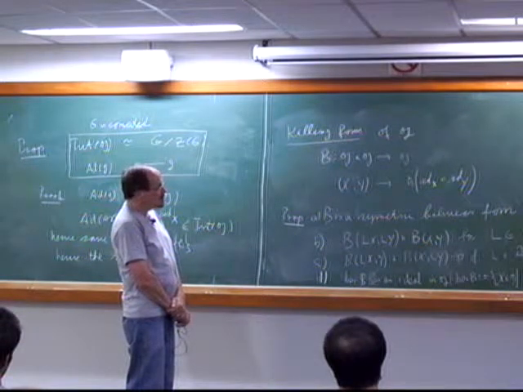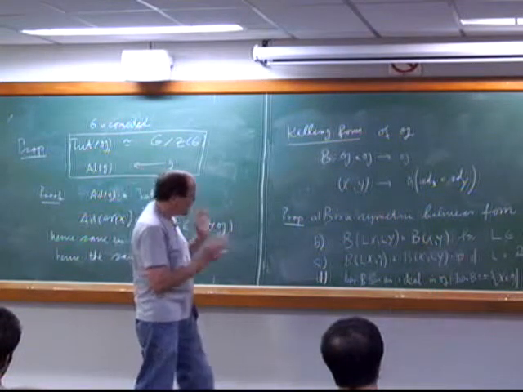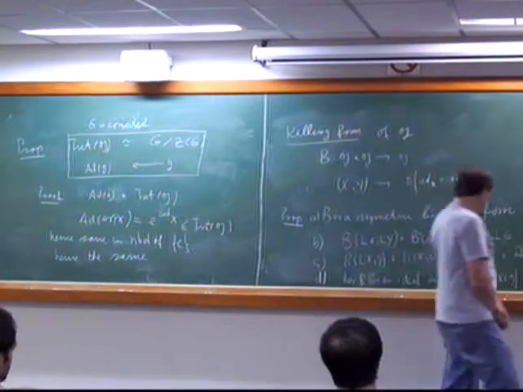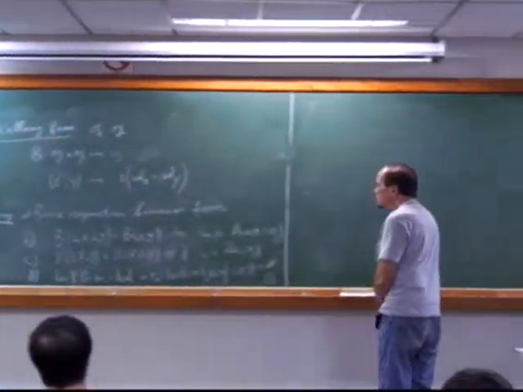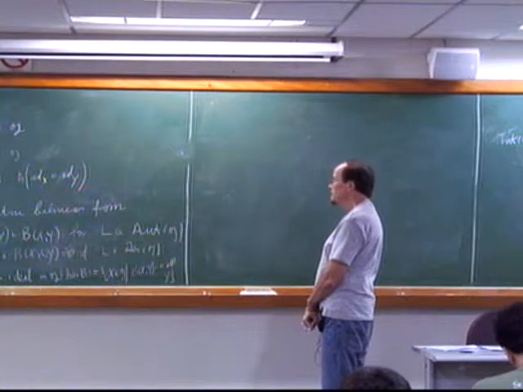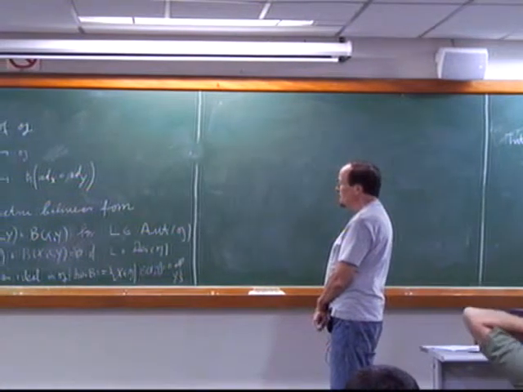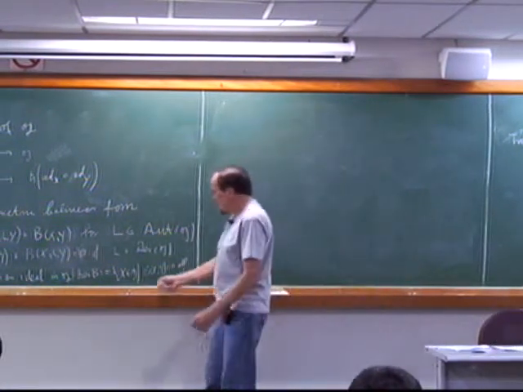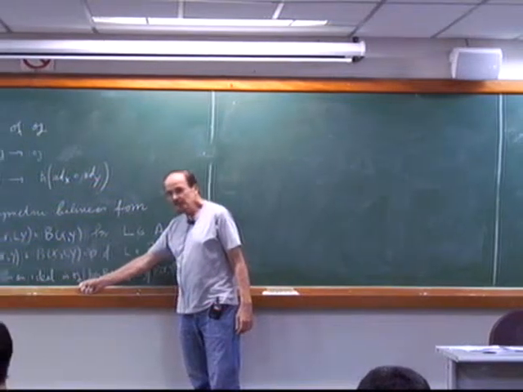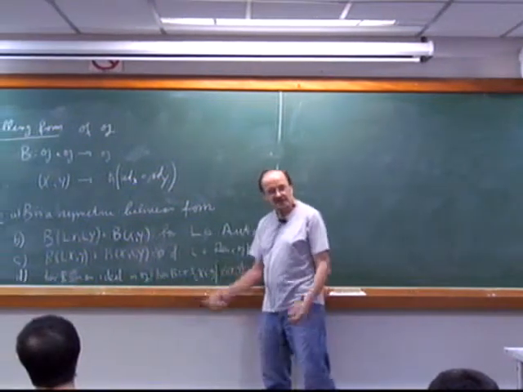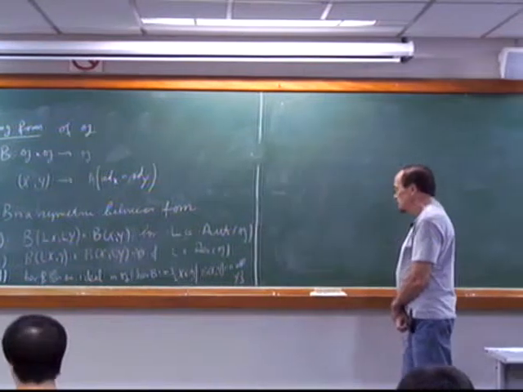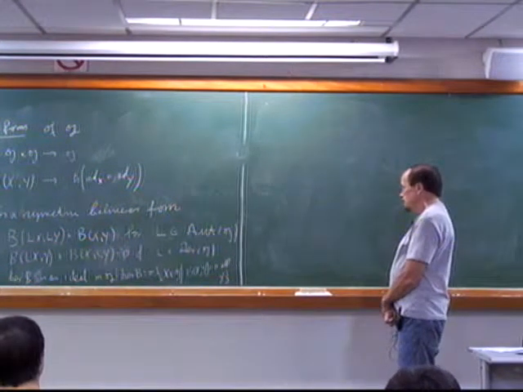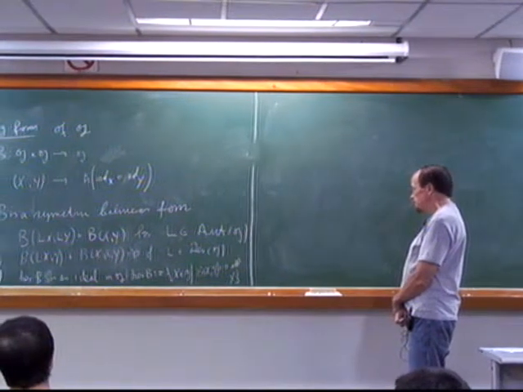Not all Lie algebras with killing form 0 are nilpotent. So we'll come back to that later. But they're solvable. They're all solvable. But for example, if the Lie algebra has no ideals, then either B is 0 or B is non-degenerate. Right, because you have either.